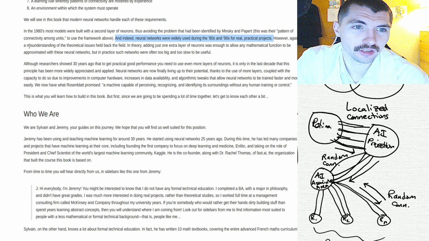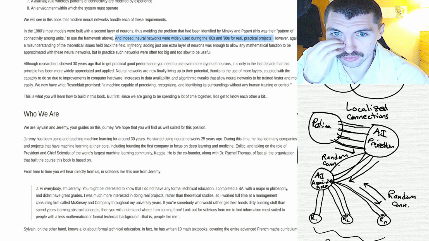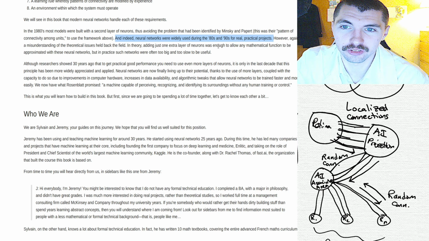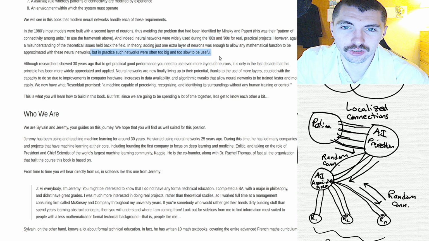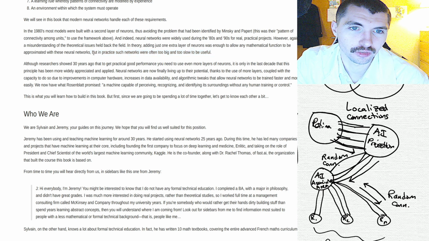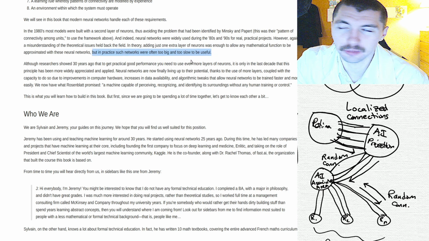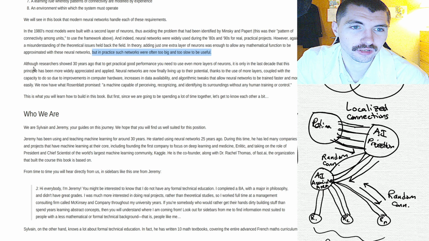Here again, a misunderstanding of the theoretical issues held back the field. In theory, adding just one extra layer of neurons was enough to allow any mathematical function to be approximated. In practice, they are too big and too slow to be useful.